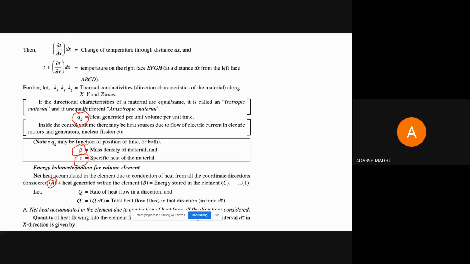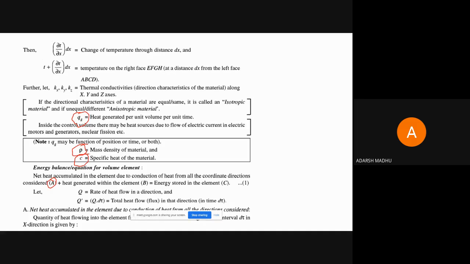The mode of derivation for all three coordinate systems is identical. We are doing a simple and light derivation like A plus B equal to C. We want to find the net heat accumulated in the element due to the three axes as A, plus B, the heat generated within the element, and the energy stored in the element, C. We are using the same method for all three derivations.